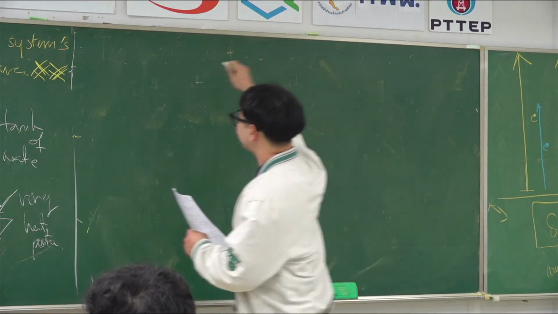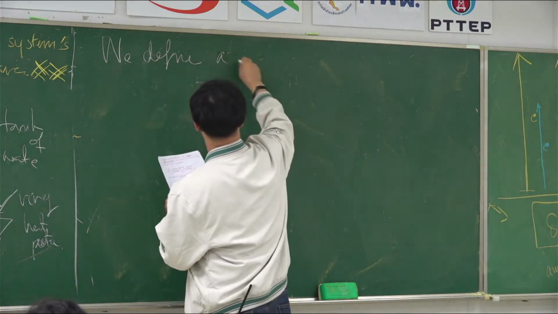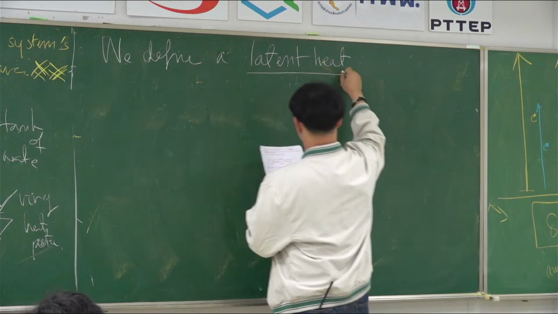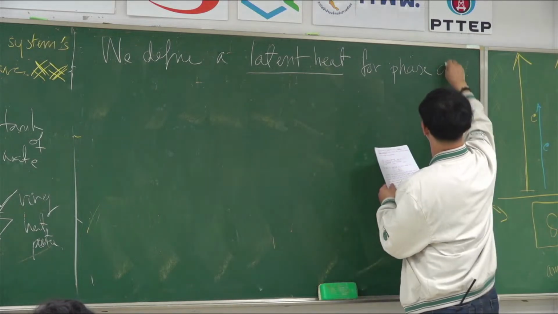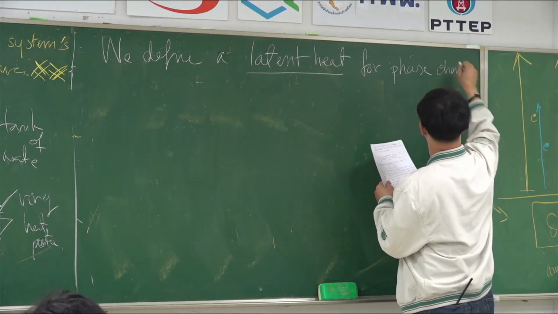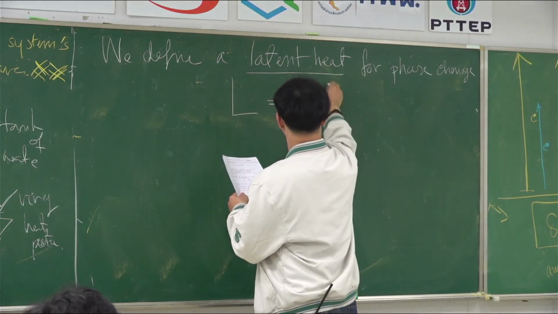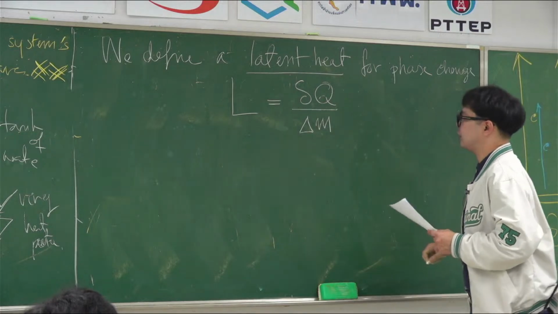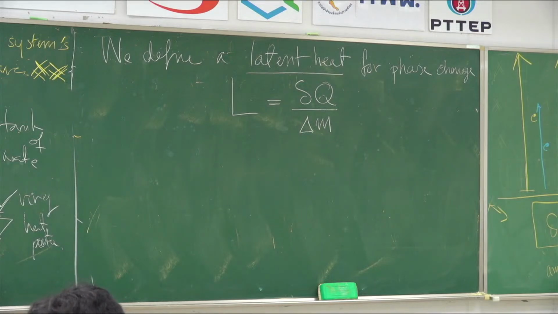So, we now define a latent heat for phase change. I use this capital L as this delta Q over the change of the mass, because you see that actually the mass of the water is not the same at this boiling point right here.